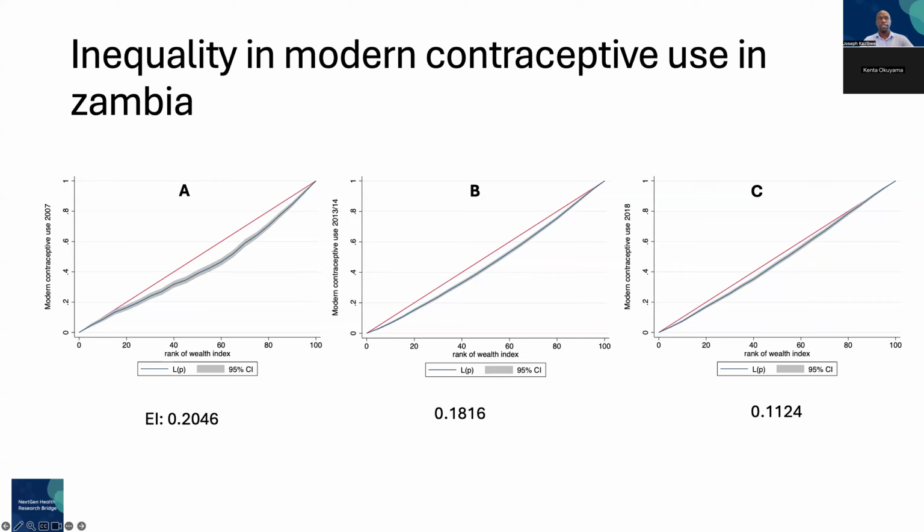So when we plotted that, we realized that it was more pro-poor. More poor people experienced unmet need for modern contraception, which makes sense anyway. This was expected in this particular case, given the distribution of modern contraception across the different socioeconomic status, in this case, the wealth index.